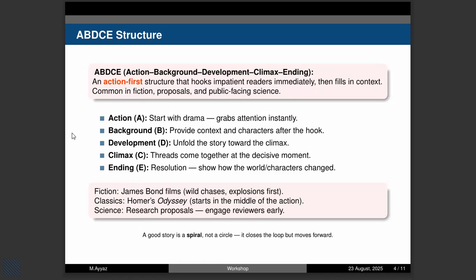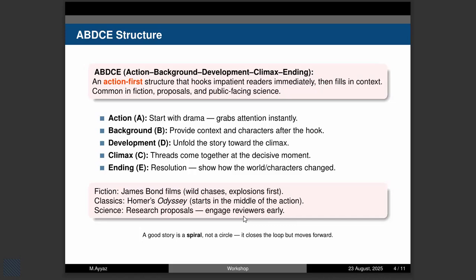This structure is mostly used by fiction writers, classic writers, and also science writers who are targeting research proposals in order to engage reviewers early.